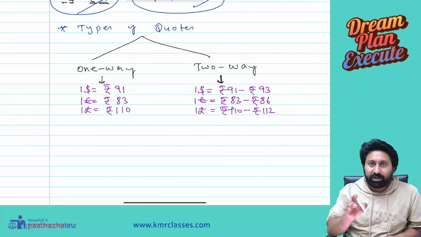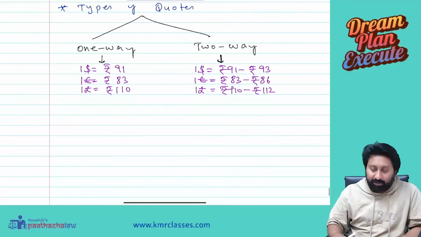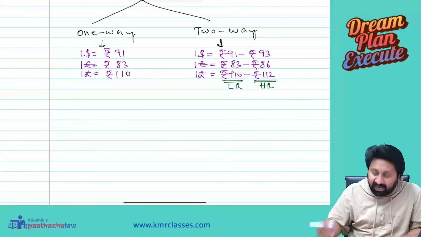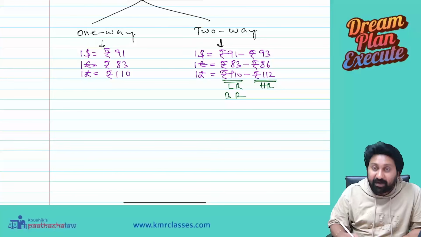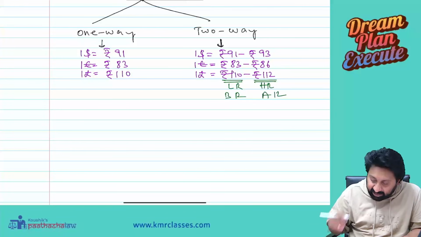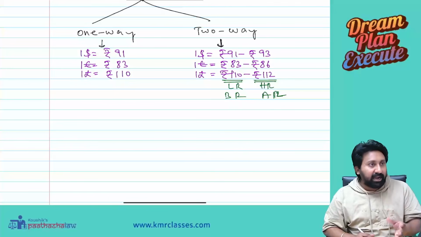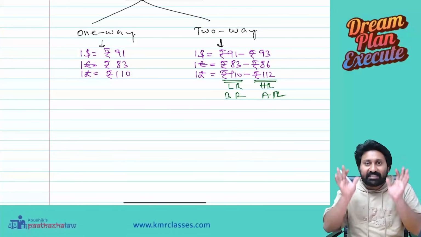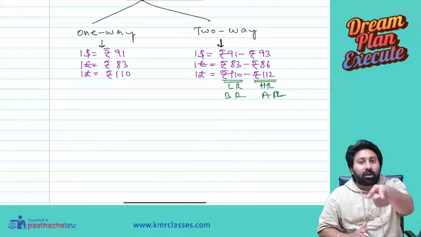Whenever the given quotation is a two-way quotation, we should understand there are two rates that will be given. Left hand side is a lower rate, right hand side is a higher rate. Lower rate is called bid rate, higher rate is called ask rate. Always remember, who will buy dollar from you, who will sell dollar to you?